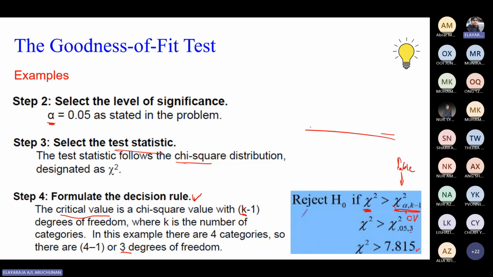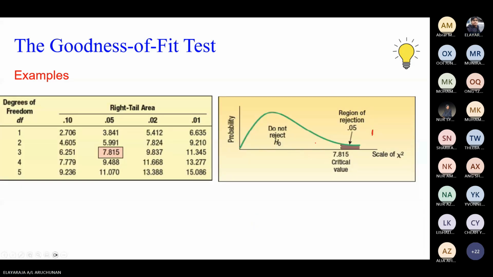So this is your graph, and the critical value here is 7.815. This is how you check the value from the chi-square table.